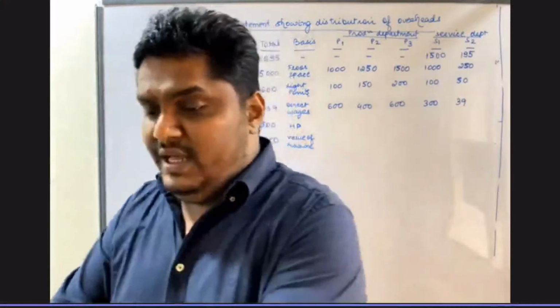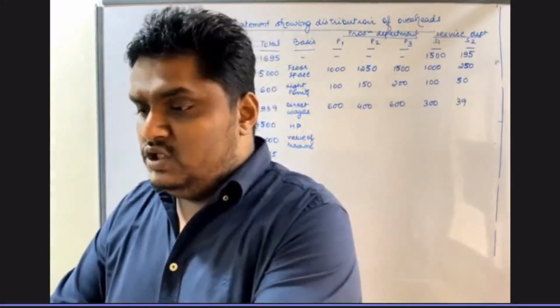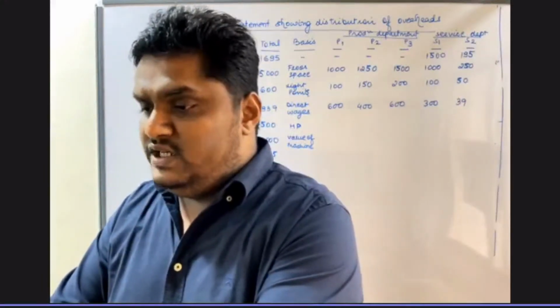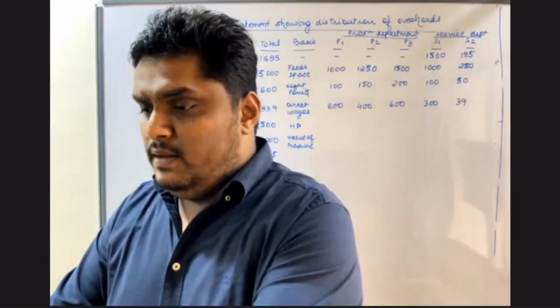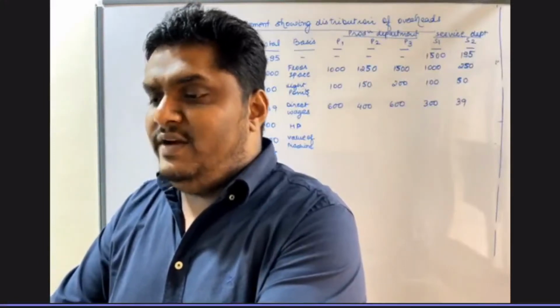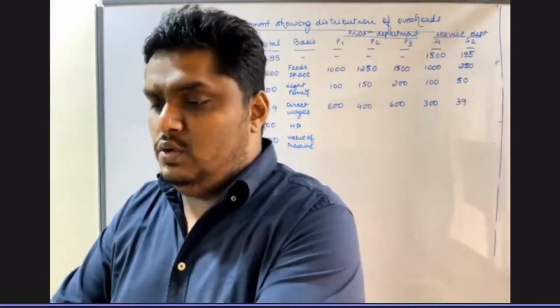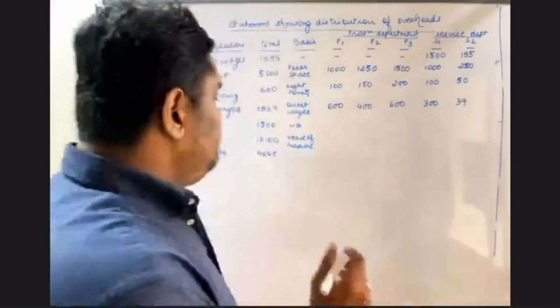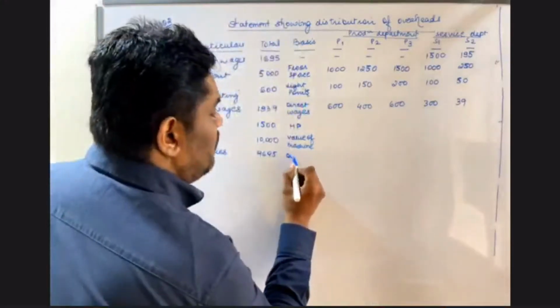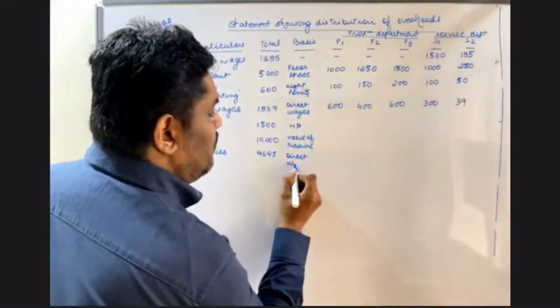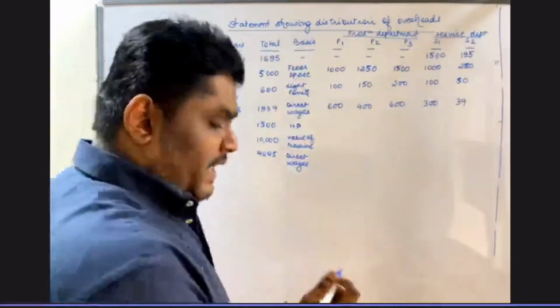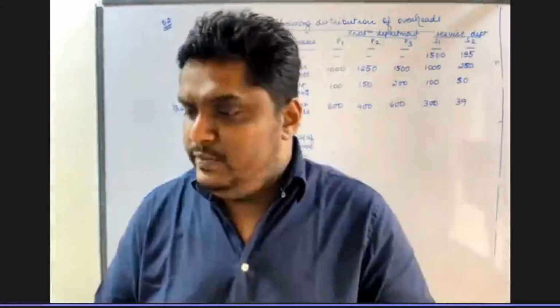Herein in this question, direct wages are also given. So we'll distribute these overheads in the ratio of direct wages. But alternatively, we can distribute in the ratio of labor hours also. I request you guys to please complete the distribution.